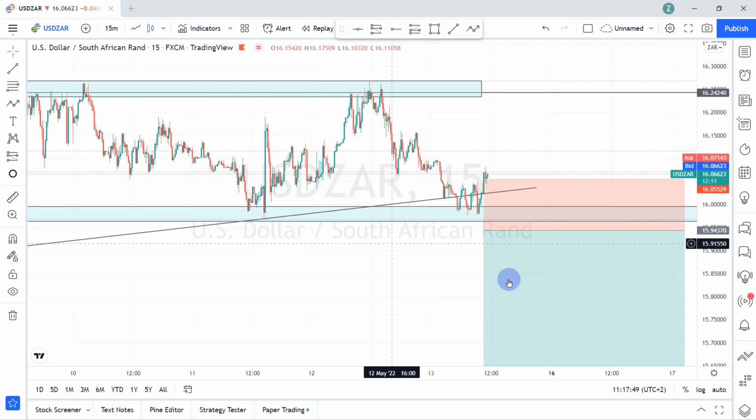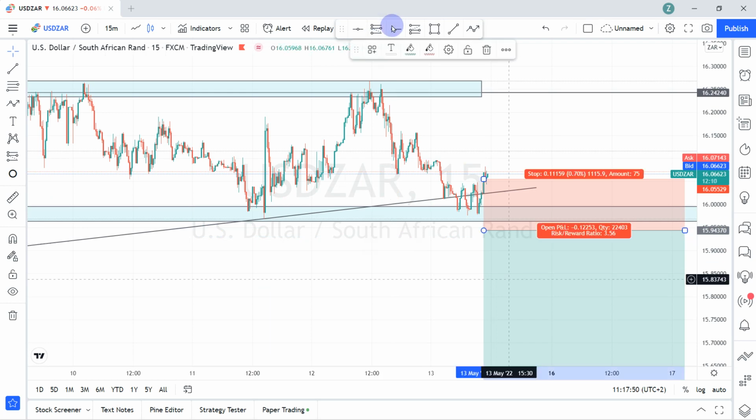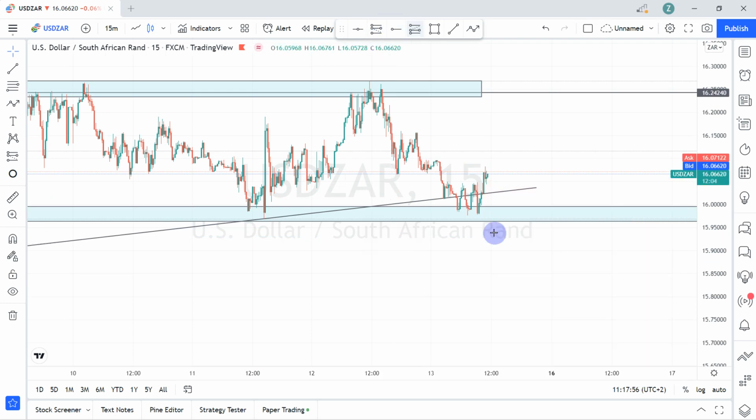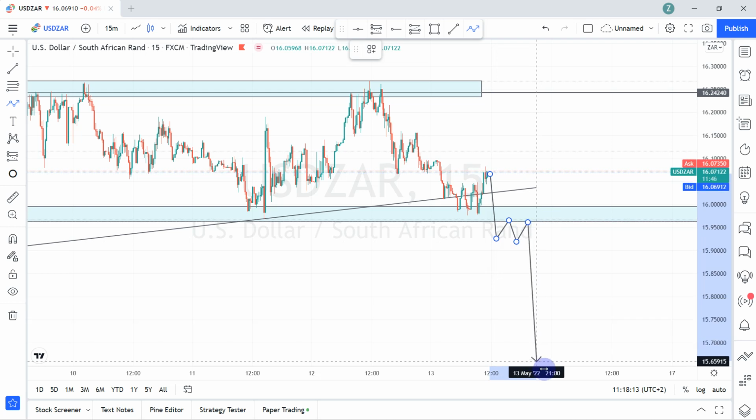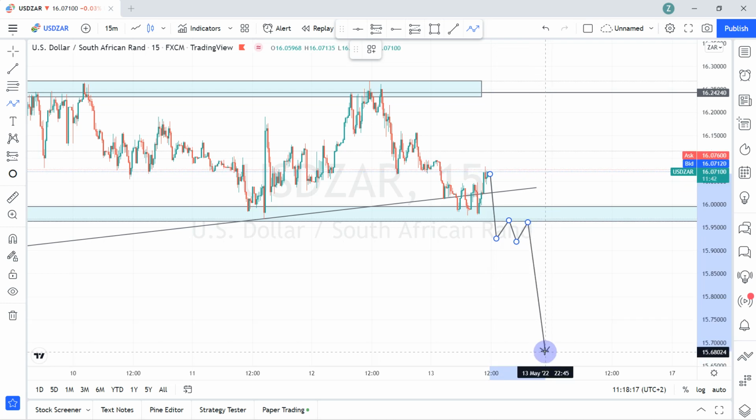Another thing I want to add: should the market sell, we would look for a double top on this zone to have more confluence on our sell setup.